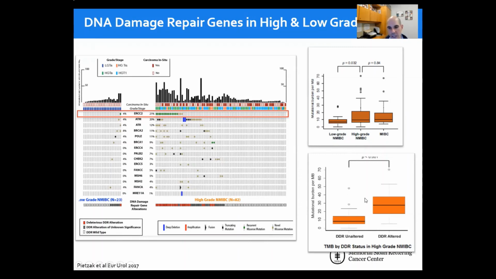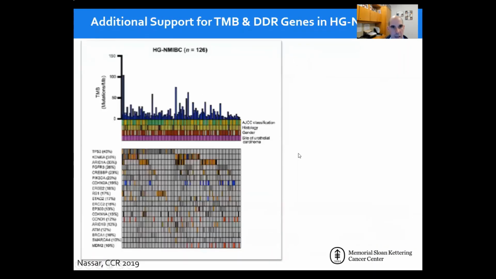For tumors with an ERCC2 missense mutation, or a DNA damage repair gene alteration in general, they have a much higher tumor mutational burden than tumors that are unaltered in the high-grade non-muscle invasive disease patients. This was also further validated by the Dana-Farber group, looking at their group of 126 high-grade tumors.